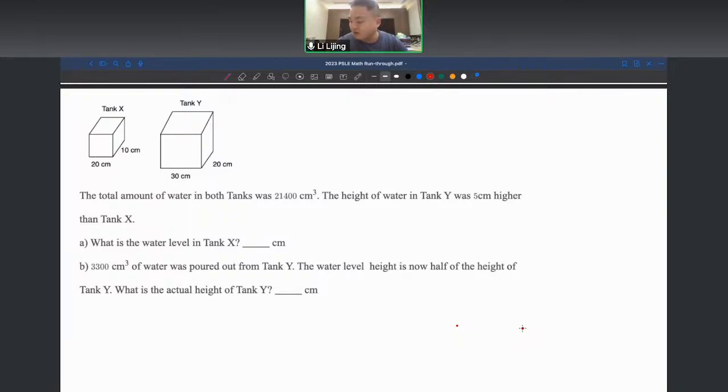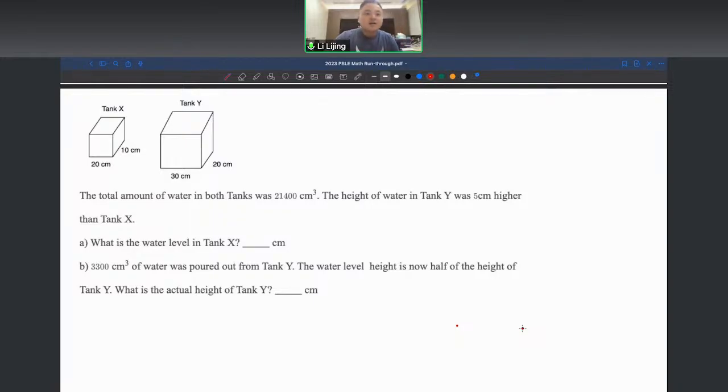This is from your Paper 2, question 13. How many of you find it easy? How many of you find it hard? Okay, I see half. Half say easy, half say hard. Let's look at this question together.